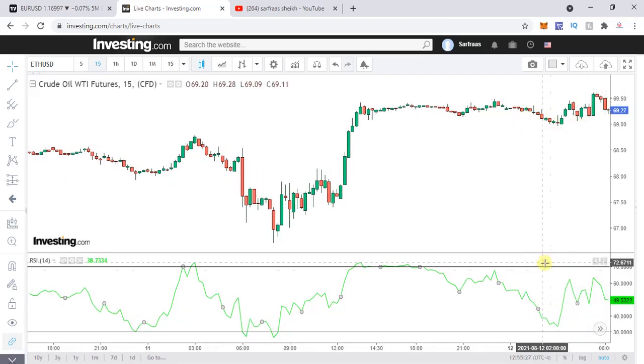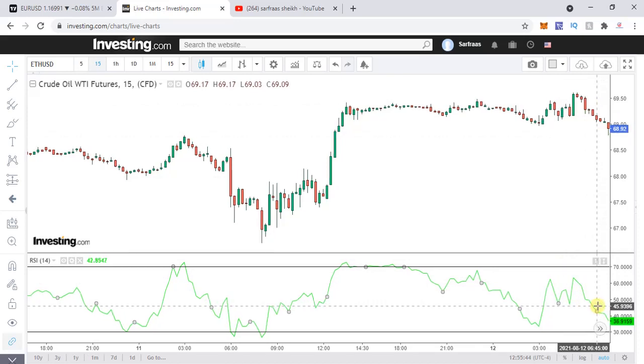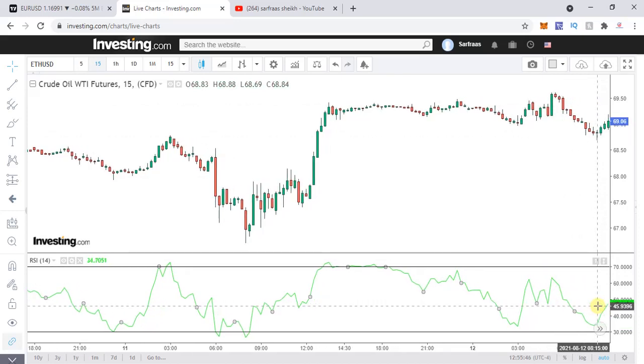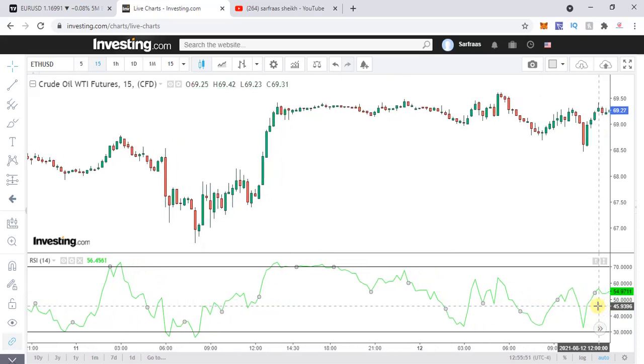So if it again goes out above and moves up, it's going to shoot the price out. But if it goes down again into the oversold zone, we can expect the price to come up again. So you can see the candles are turning green, and this RSI is moving down. There is a recovery. We are not yet into the oversold zone.